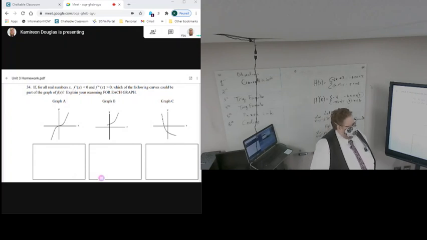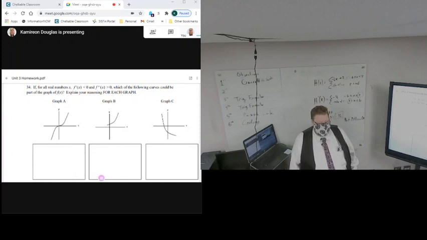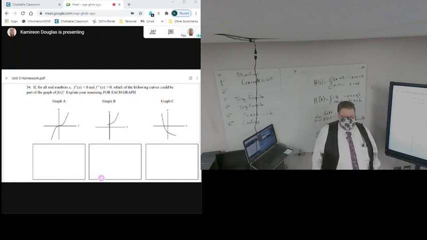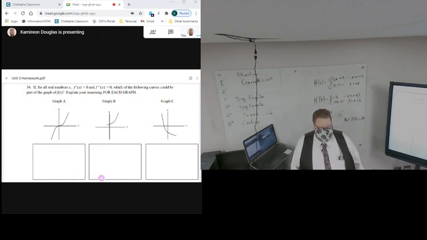F double prime of x is greater than 0. So double prime is concavity. If it's bigger than 0, what's that mean? Positive means it opens upwards.